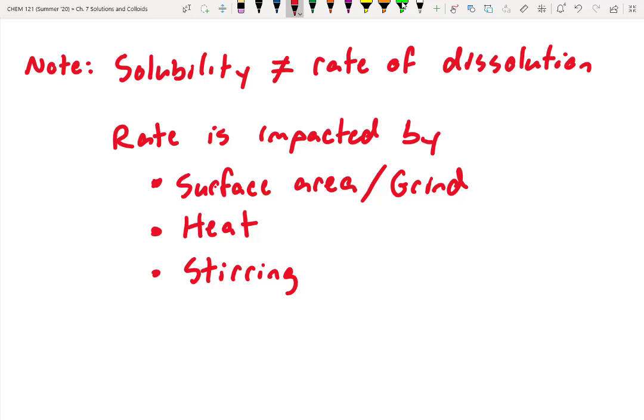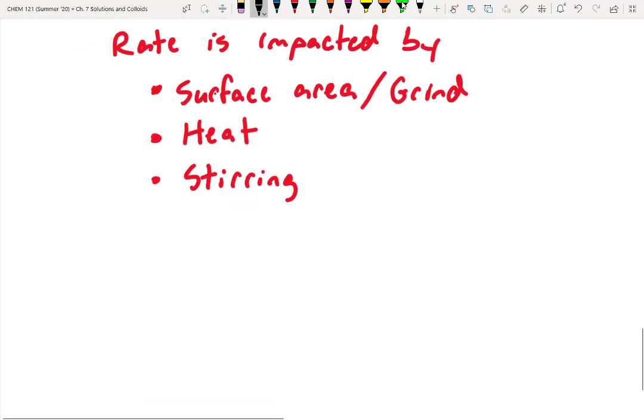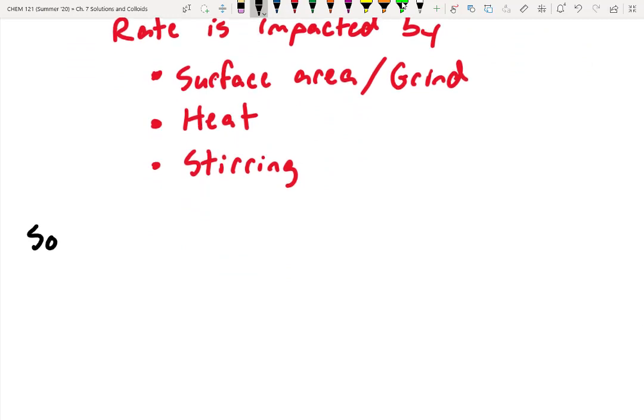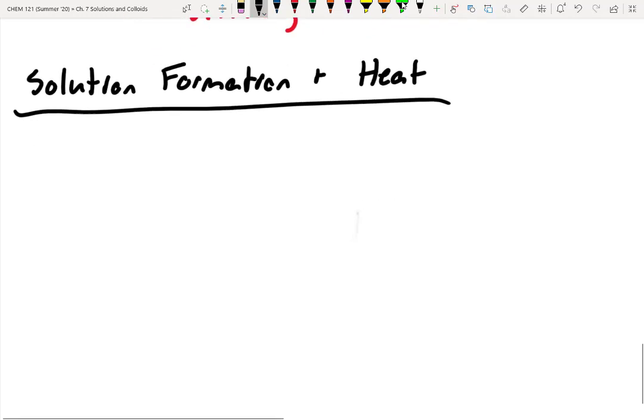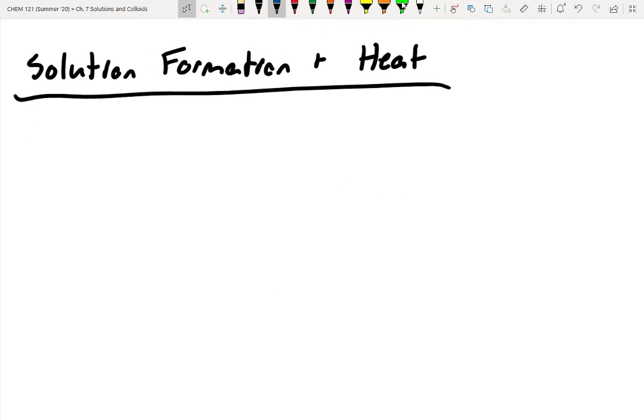Okay, so the last thing I wanted to look at here is going to be solution formation and heat. And this is kind of an interesting one. In fact, there's a lot of good real-world examples. But the first thing is, let's take an endothermic reaction.